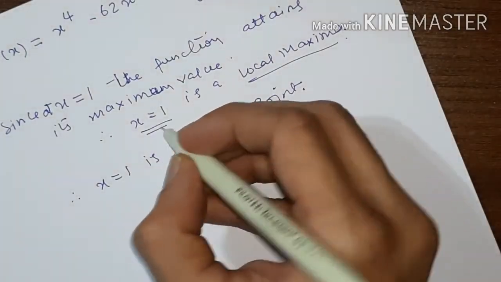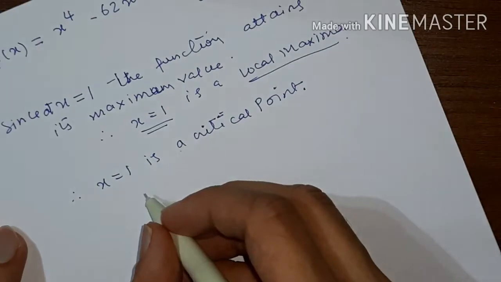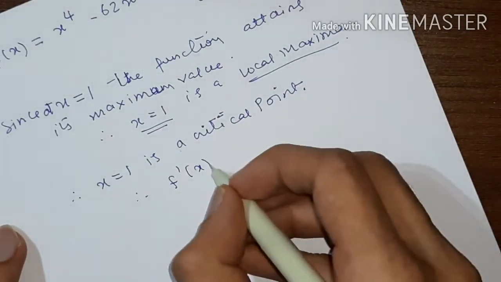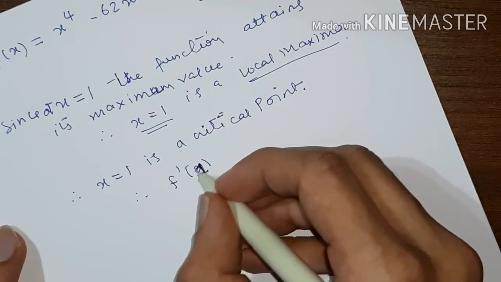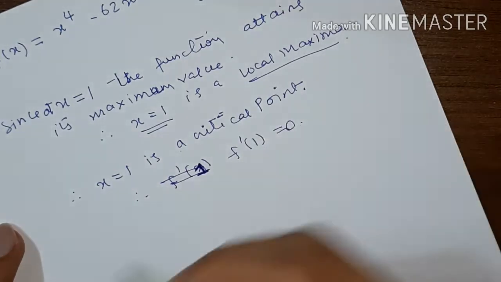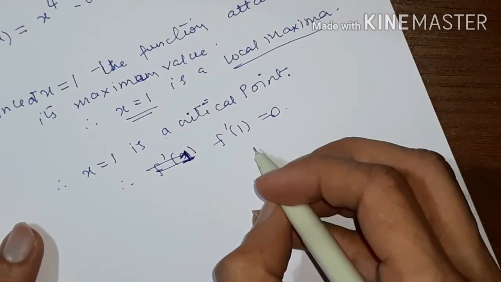So x equal to 1 is actually a critical point. Therefore f prime of 1 is equal to 0.